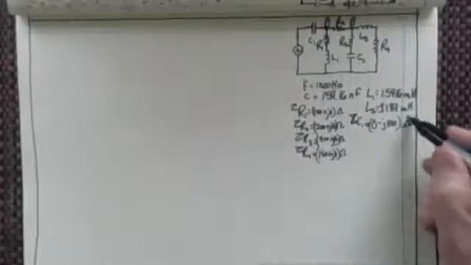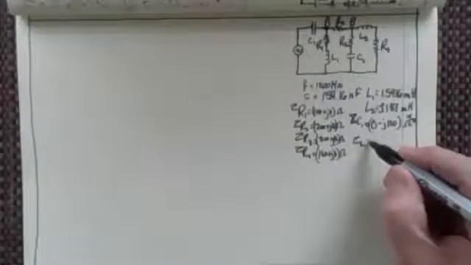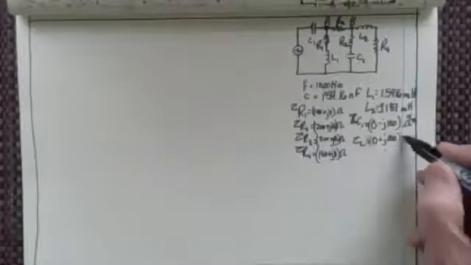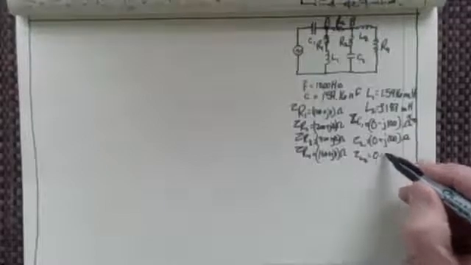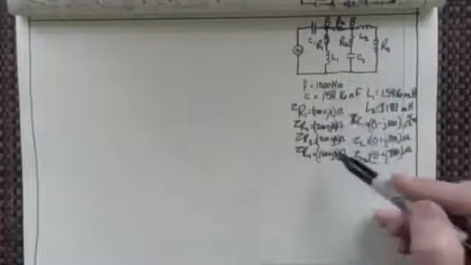Then for L1, Z is 0 plus J100 ohms, and Z for L2 would be 0 plus J200 ohms. So that's what we have. We figured out a lot of things already, and I'm just giving those to you to bring you up to speed.